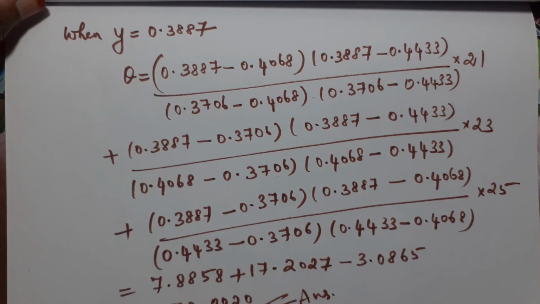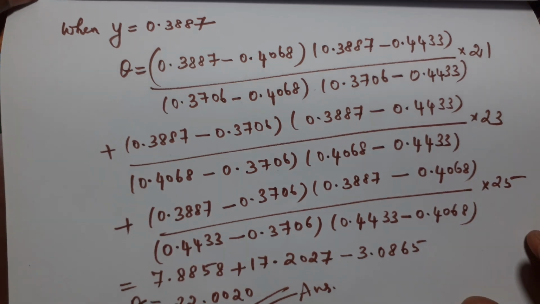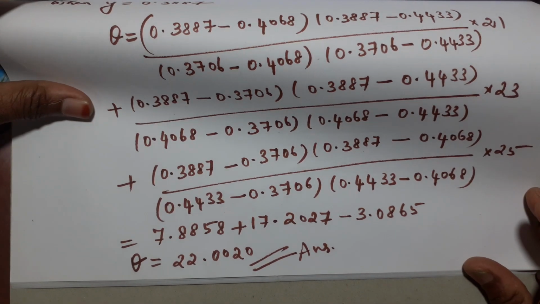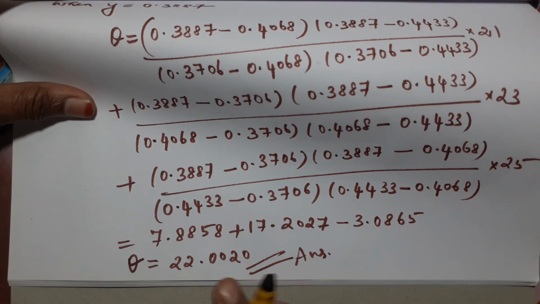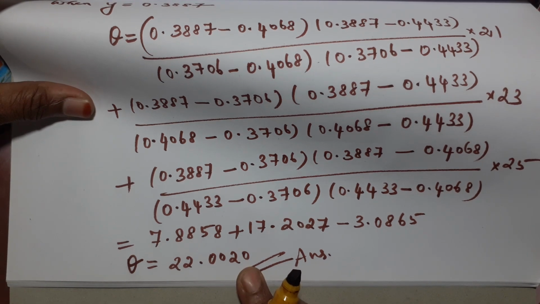The first value is 7.8858 after simplification. The second term is 17.2027, and the third term is a negative quantity, 3.0865. After simplification, the final answer for theta that we get is 22.0020.